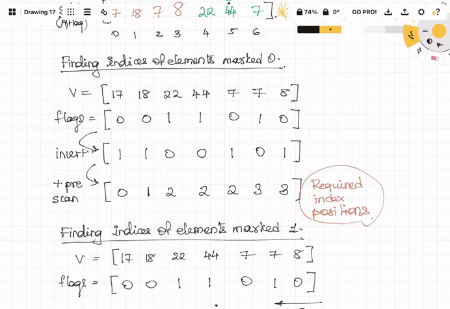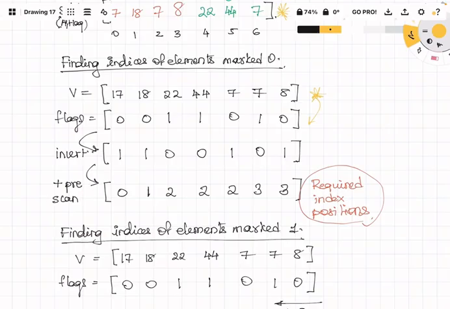So how do we do this? First we do it in 2 steps. The first step is finding the indices of all the elements marked 0. And later on, as you can see below, I'm going to find the indices of all the elements marked 1. So let's start off with the vector v. I've just copied that here along with the flag vector given to us.